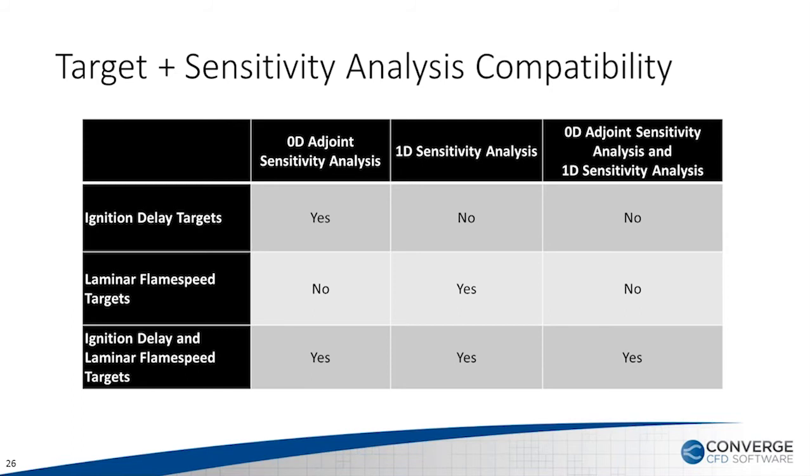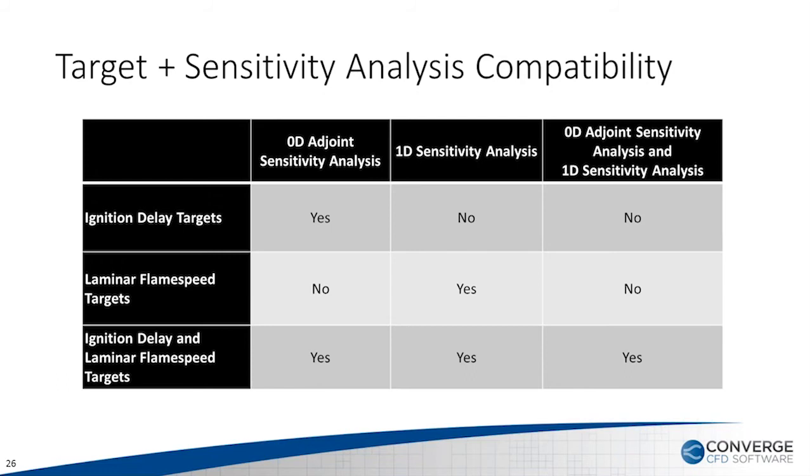This table is showing the combination of possibilities for the targets and the sensitivity analysis. If you want to run Congo, there are 2 inputs. One is sensitivity: you need to tell Congo which factors to optimize. The second is the targets, what kind of targets you are trying to meet.